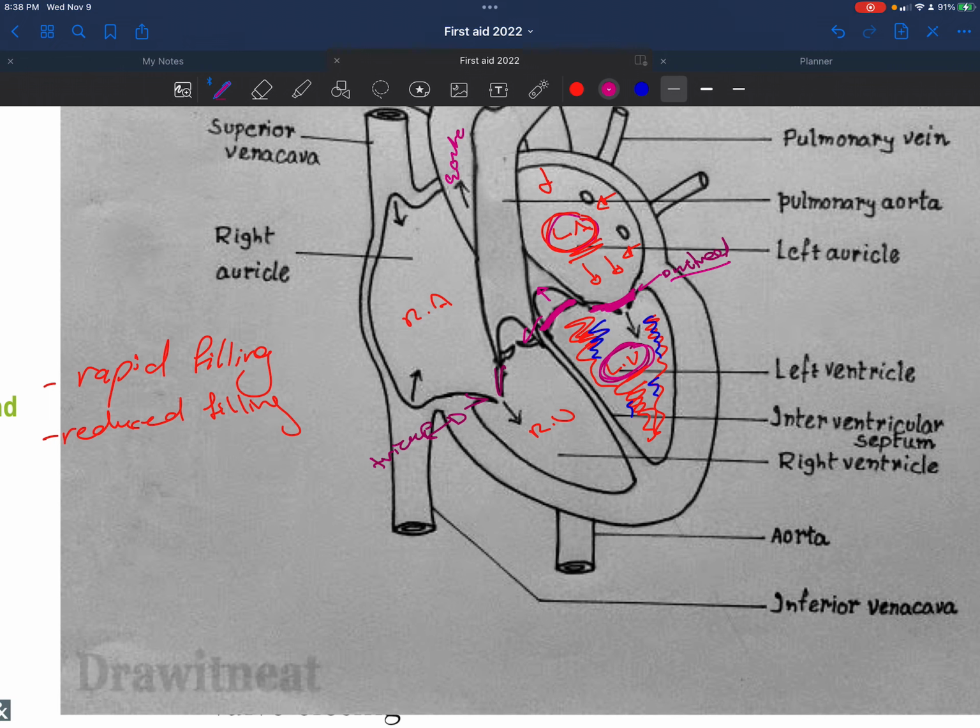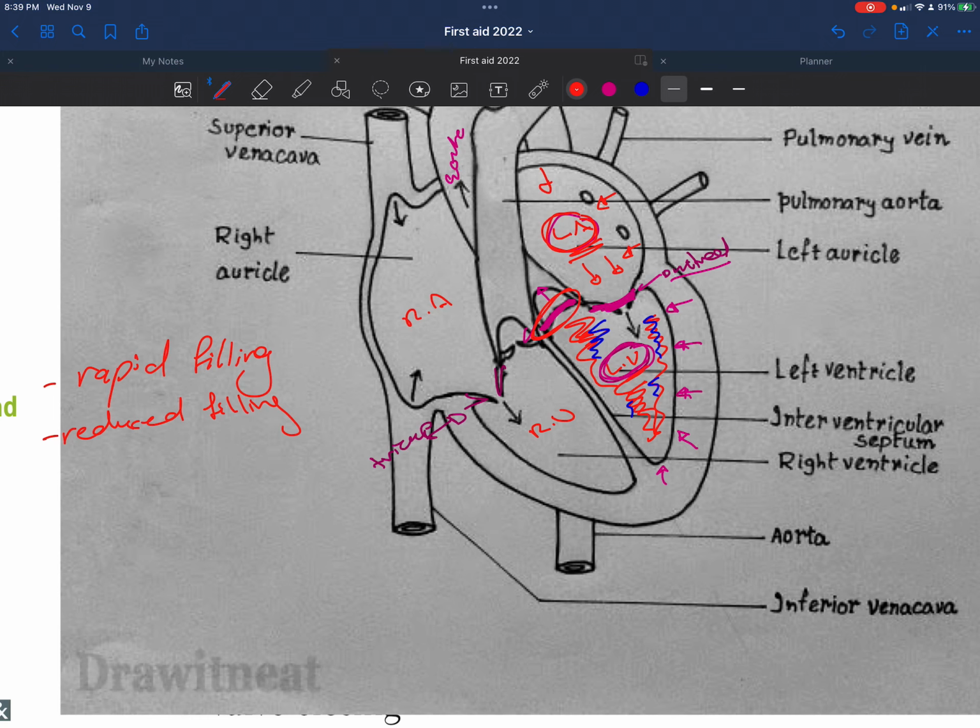Now the left ventricle wants to start pushing the blood to the outside through the aorta. The left ventricle tries to push against the blood it has in it, but this contraction is not strong enough to open the aortic valve.